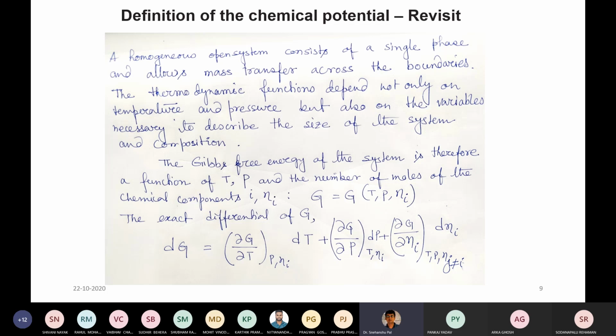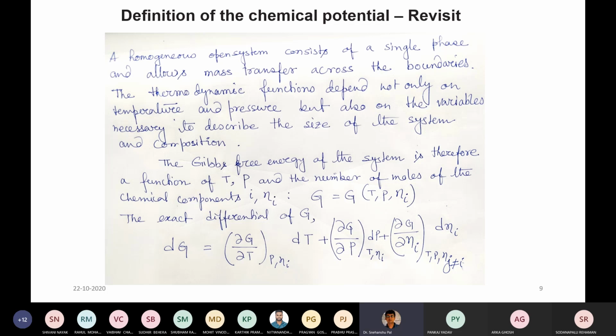Now it's a very important statement. Now we are talking about composition, the importance of composition with respect to understanding, determining or evaluating thermodynamic functions. The Gibbs free energy of the system is therefore a function of temperature, pressure, and the number of moles of the components.